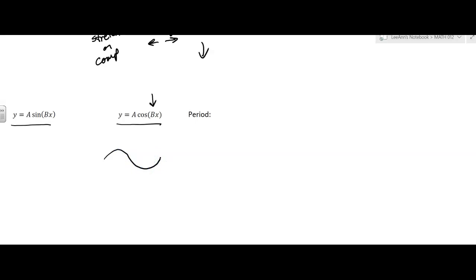The B is either going to squish it together, so it's like taking up less room, or it's going to spread it out. So this would be like a compression, and then this would be like a stretch, right?